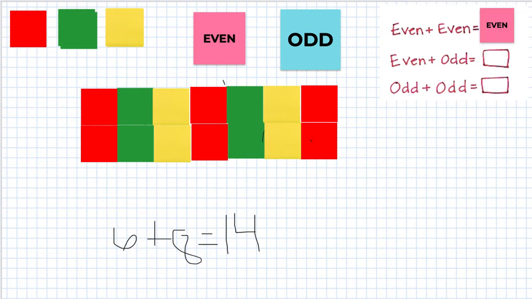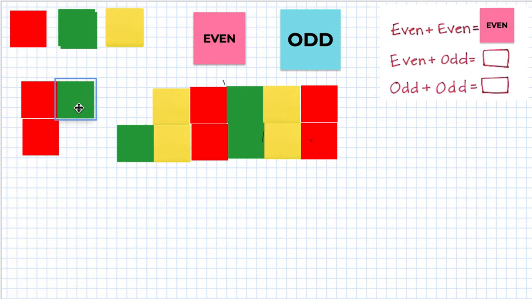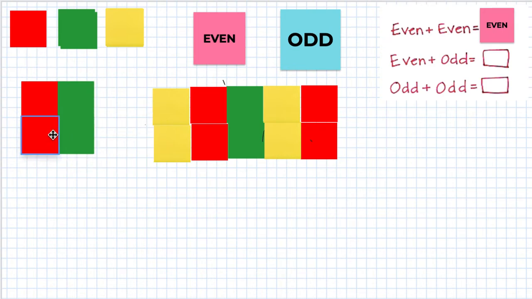Now let's try it with an even and an odd number. So I'm going to separate out my arrays again. I had 2 rows of 3, which gave me a total of 6, and we knew that 6 was an even number.